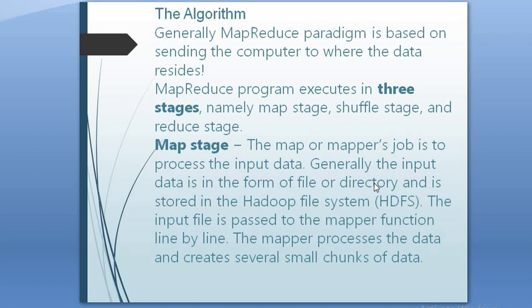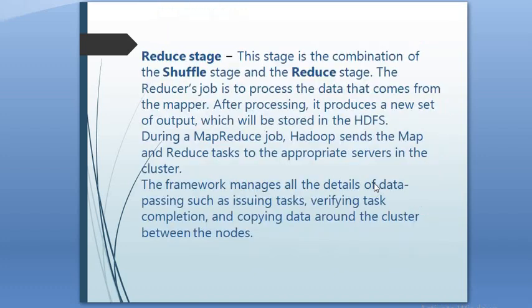The input file is passed to the mapper function line by line. The mapper processes the data and creates several small chunks of data. The reduce stage is the combination of shuffle stage and reduce stage. The reducer's job is to process the data that comes from the mapper. After processing, it produces a new set of output which will be stored in the Hadoop distributed file system.